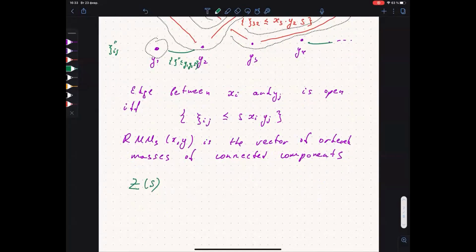Now, first of all, let's compare that map and that map. I mean, at least what can we say about those two vectors.